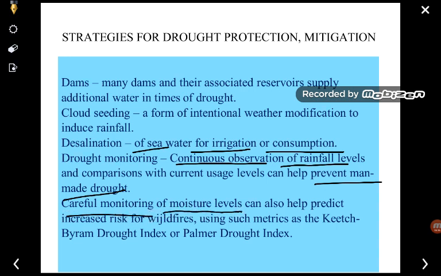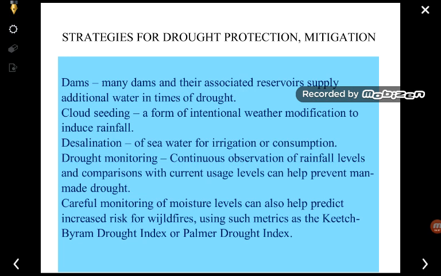Carefully, next one more thing one can be done, that is careful monitoring of the moisture level. How this moisture level can be monitored? This can also help predict the increased risk of the wildfire. So if the careful monitoring of the moisture level can be done, that will predict the increased risk of the wildfires.